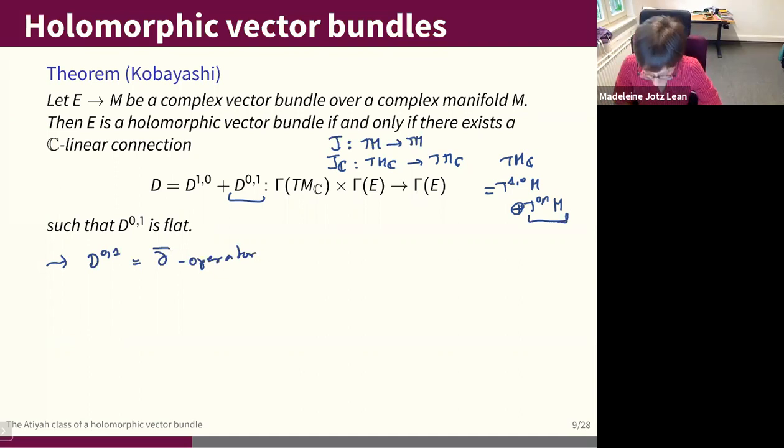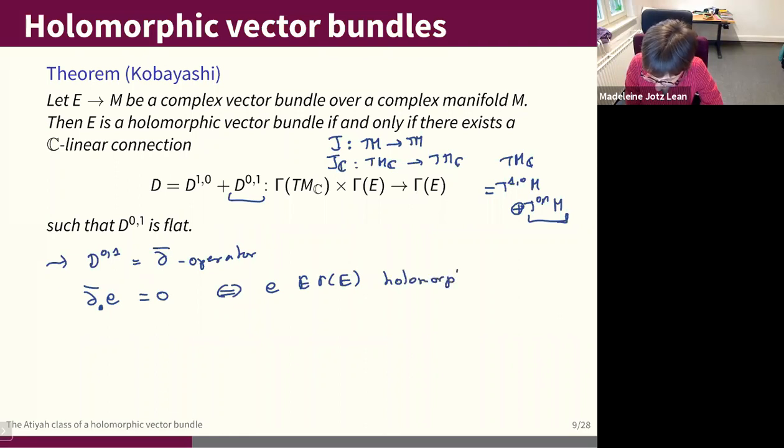The del bar operator of your holomorphic vector bundle: you find that del bar of a section e is 0 if and only if e is holomorphic. And in this context, I'm of course only talking about local sections, right?